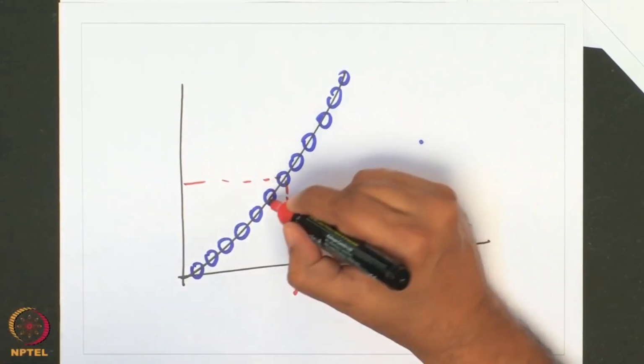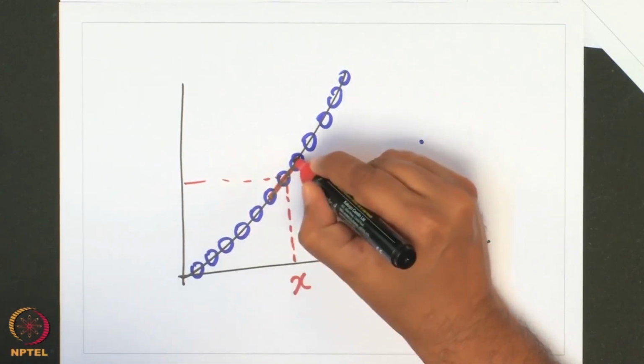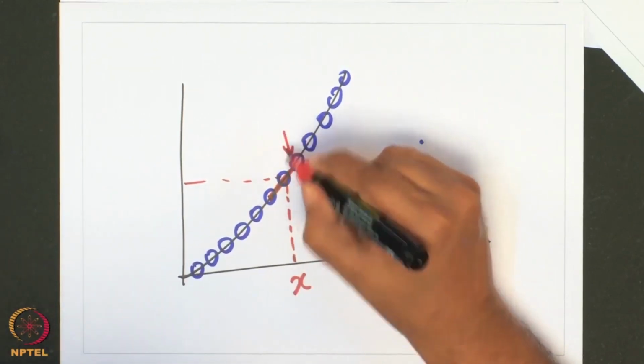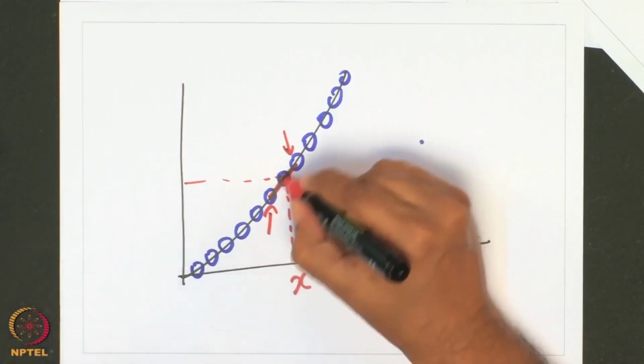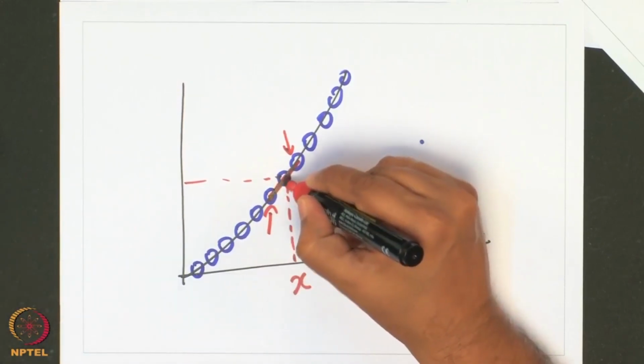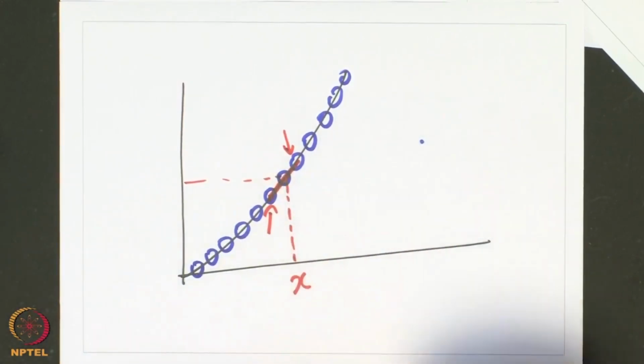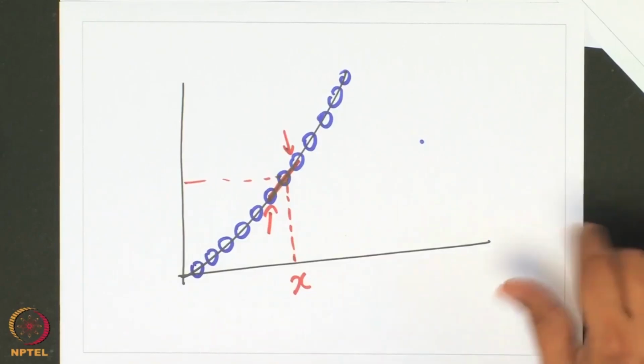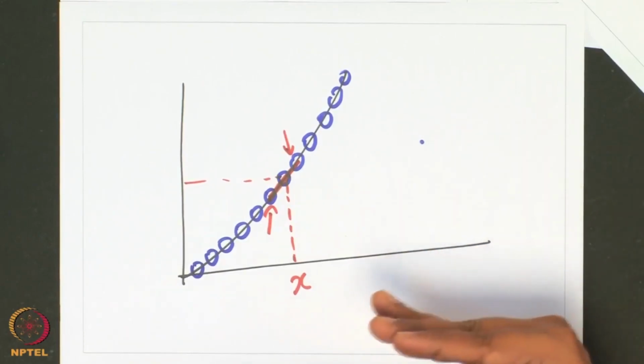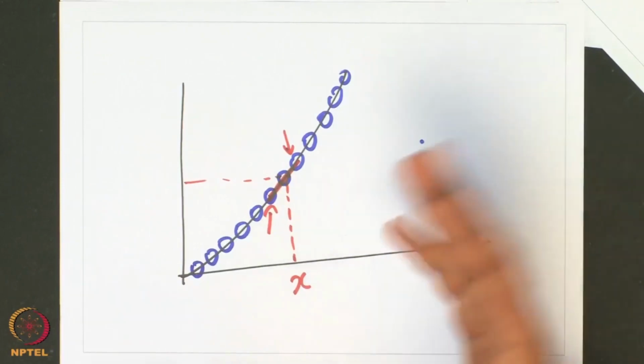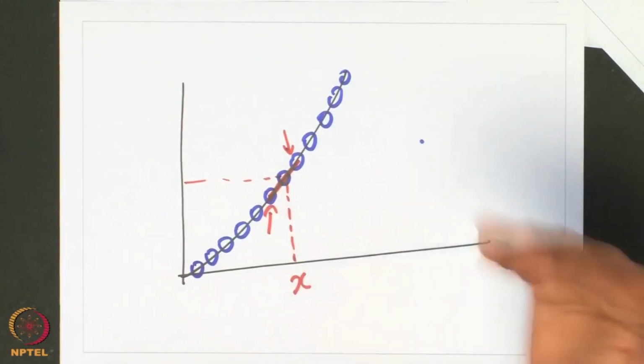It is also fine to calculate this slope, that is, take this point and take this point, and this slope can also be said to be the slope at x. This is an equivalent way of saying it; all of these are correct. Depending on what way you want, you could use any of these formulas.